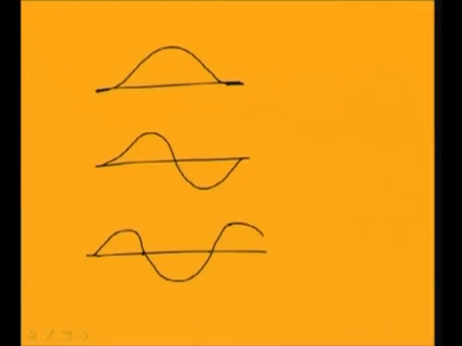In the beginning and at the end you will have 0 slope. So these correspond to n equal to 1, n equal to 2, and n equal to 3.